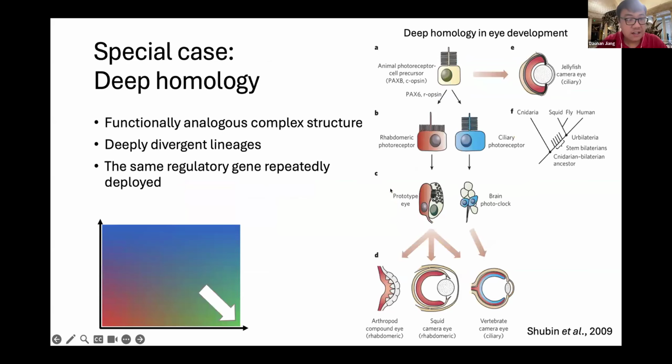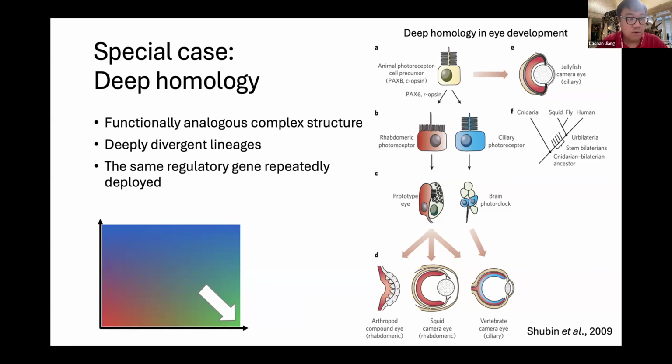Knowing that general pattern, another class of convergence would appear particularly puzzling. They are known as deep homology, where the same regulatory genes or families are recruited independently in distantly related lineages to produce functionally analogous complex structures.